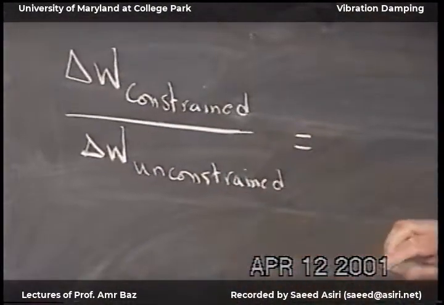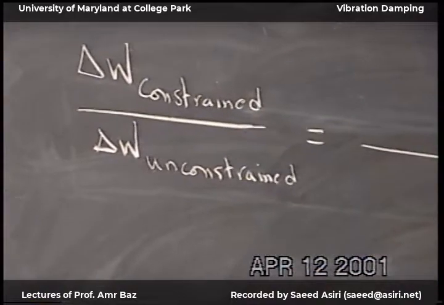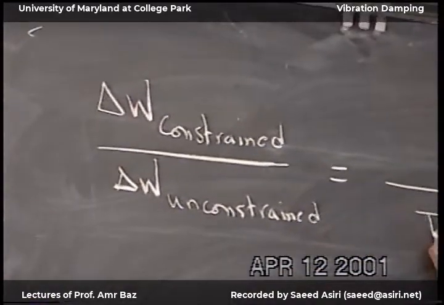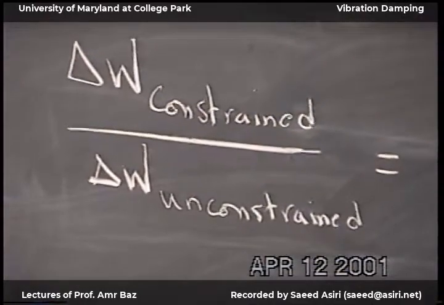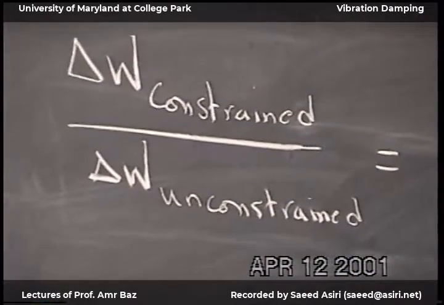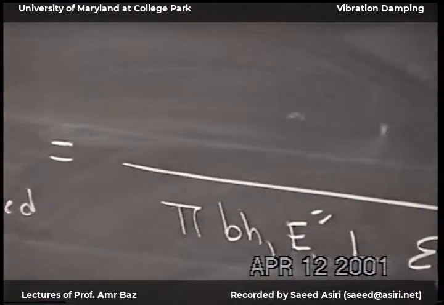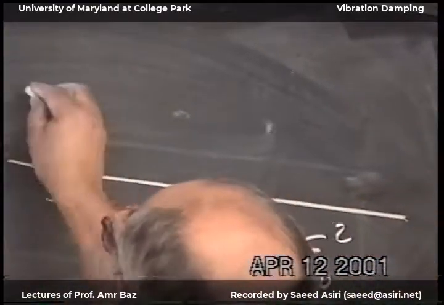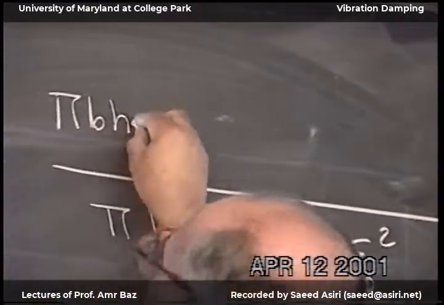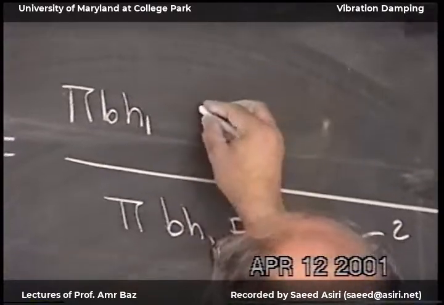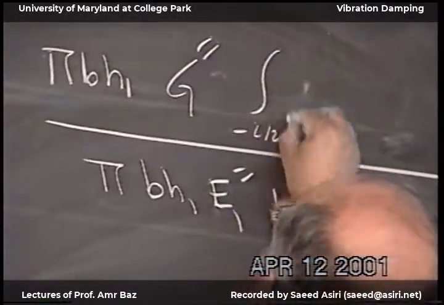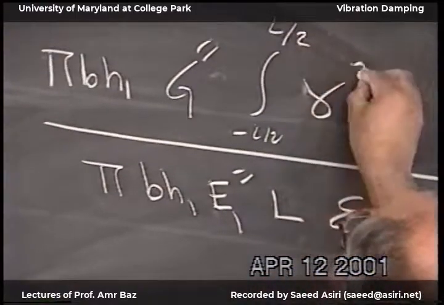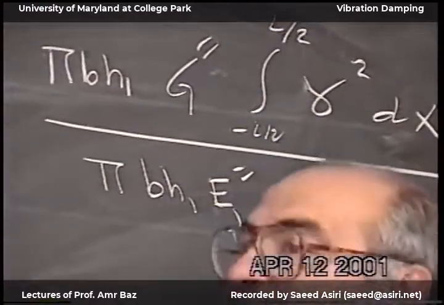This will equal, here, pi B H1 E1 double prime L epsilon 0 squared, and this will equal pi B H1 G double prime, integral dx.